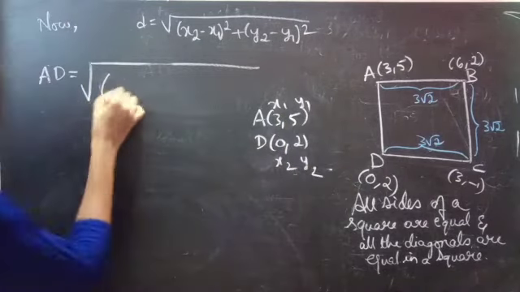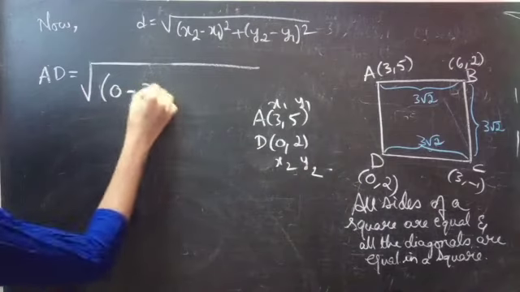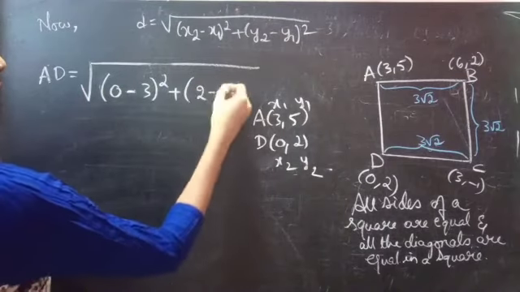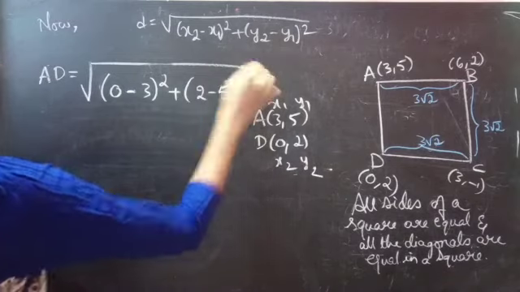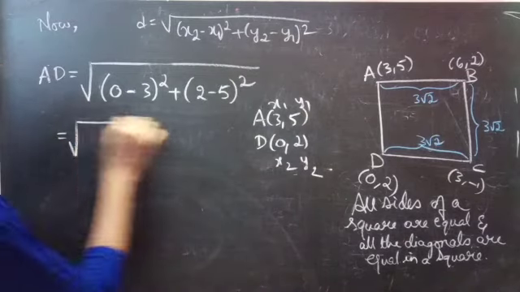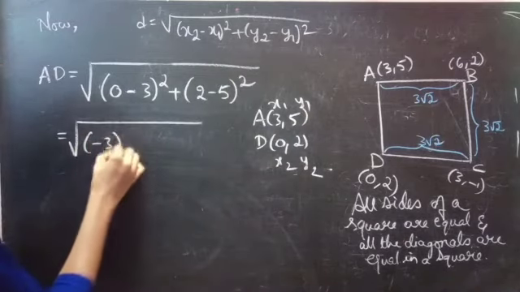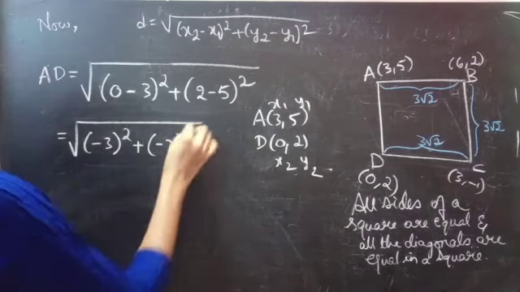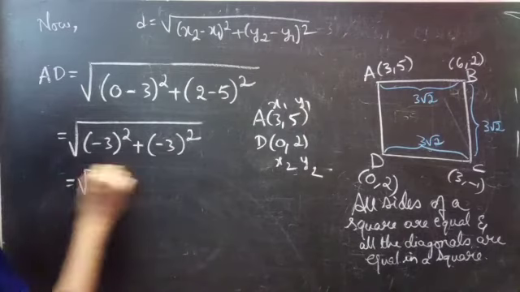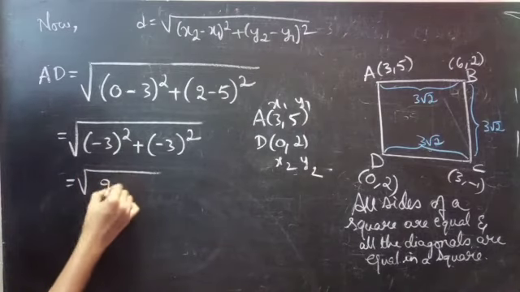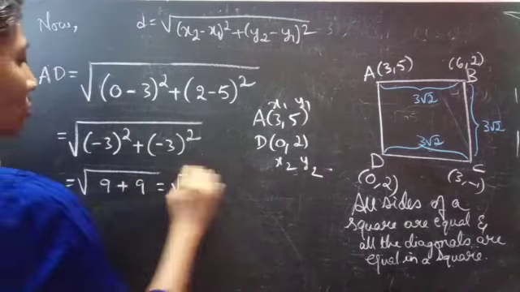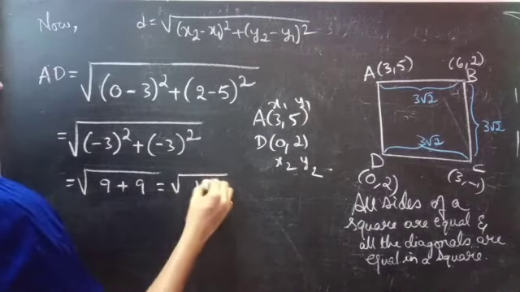So you're having (X2 0 minus X1 3) whole square plus (Y2 2 minus Y1 5) whole square. So this is equal to the square root of minus 3 whole square plus 2 minus 5, which is minus 3 whole square. So minus 3 whole square is 9 plus again minus 3 whole square is 9. So this equals the square root of 9 plus 9 is 18.